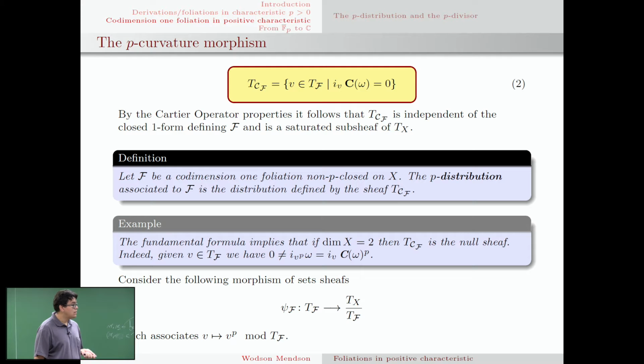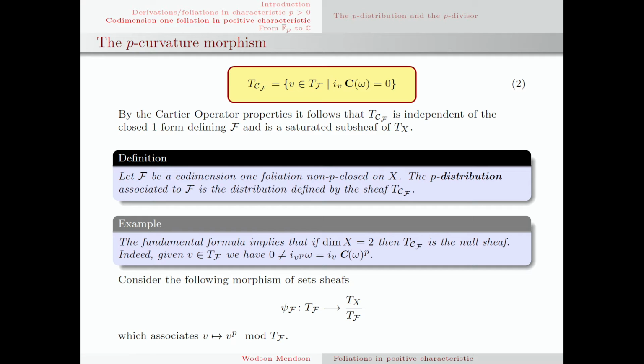Is there some intuition behind this p-distribution? What's the intuition to understand it? It consists of the vector fields such that the p power is still tangent to the foliation.